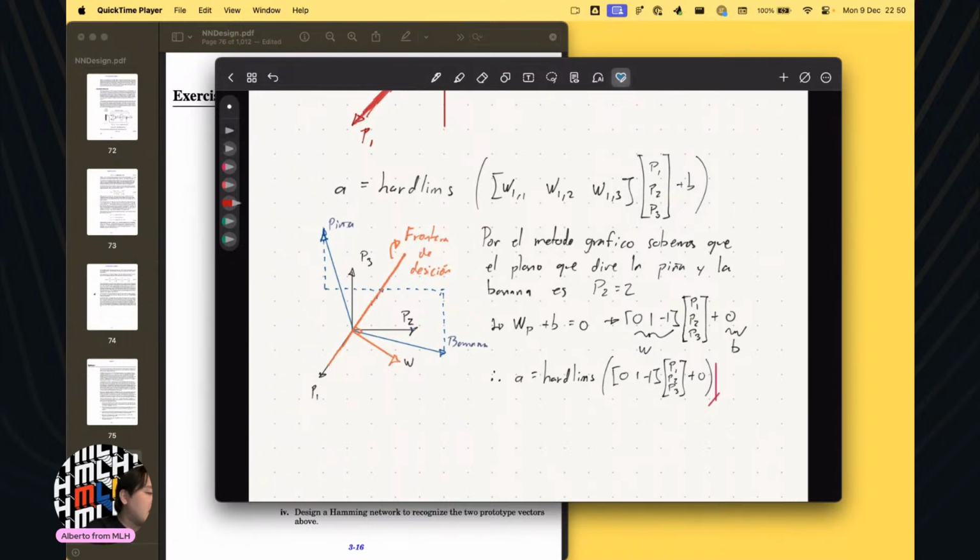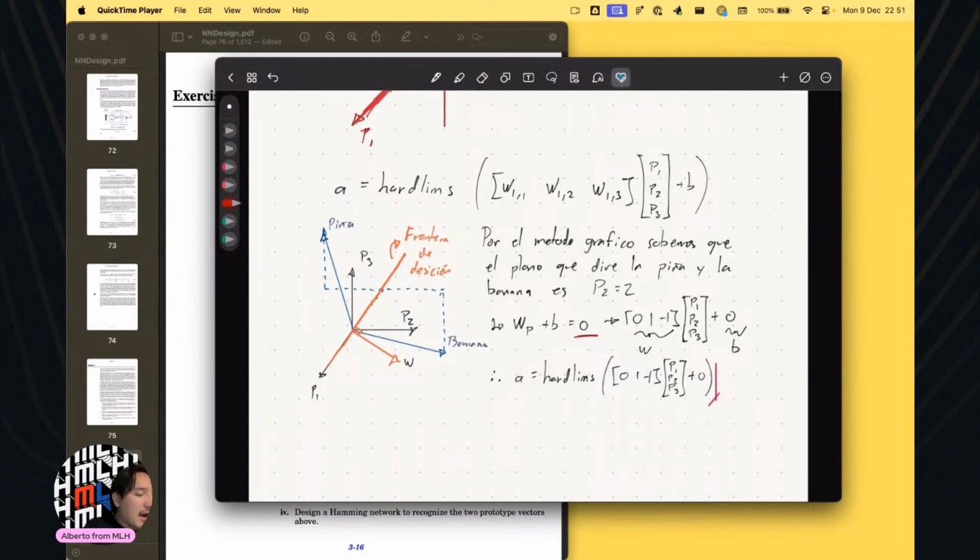And the weight matrix is the plane of P2, and it goes in the direction 0, 1, and -1.